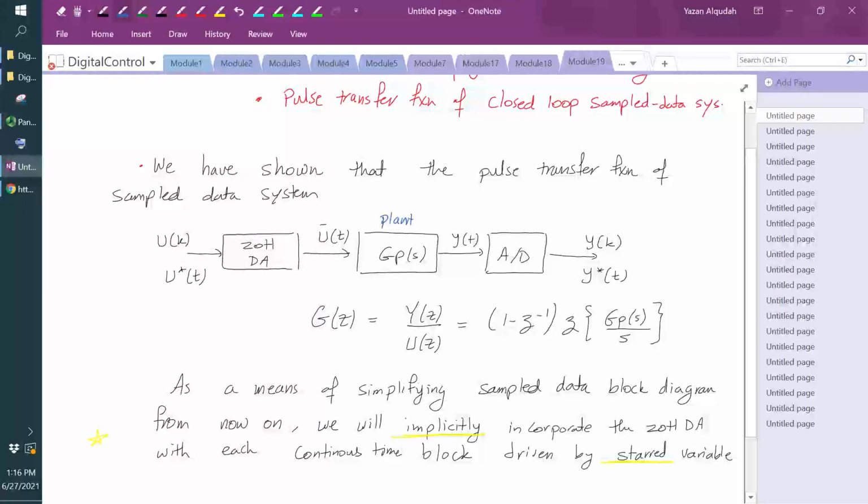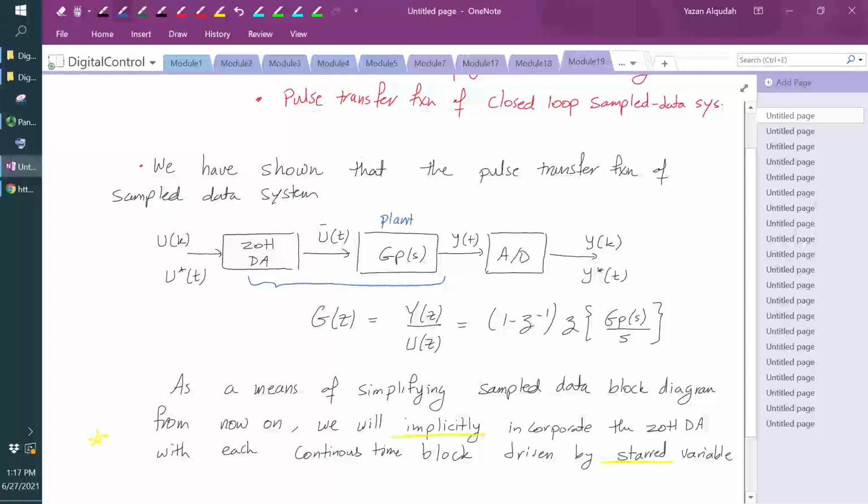And we know if I calculate the transfer function of the zero order hold and GP of S, it is going to give me y of z over u of z, and that is going to equal 1 minus z to the negative 1, times the z transform of GP of S over S. This 1 minus z to the negative 1, and this S in the denominator, is coming from the zero order hold.